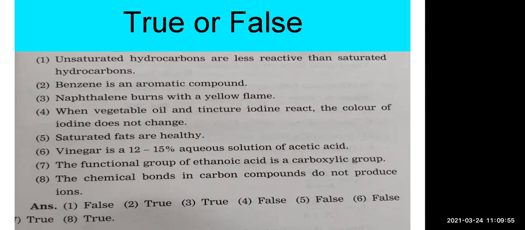Then comes, benzene is an aromatic compound. Yes, it is true, because we already saw in the match the column also, it is an aromatic hydrocarbon. Whatever cyclic, closed chain structures having alternate double and single bonds are there, they are all aromatic compounds.